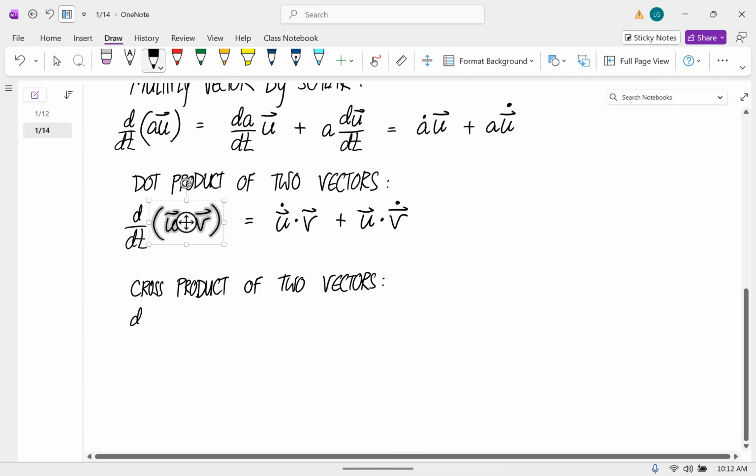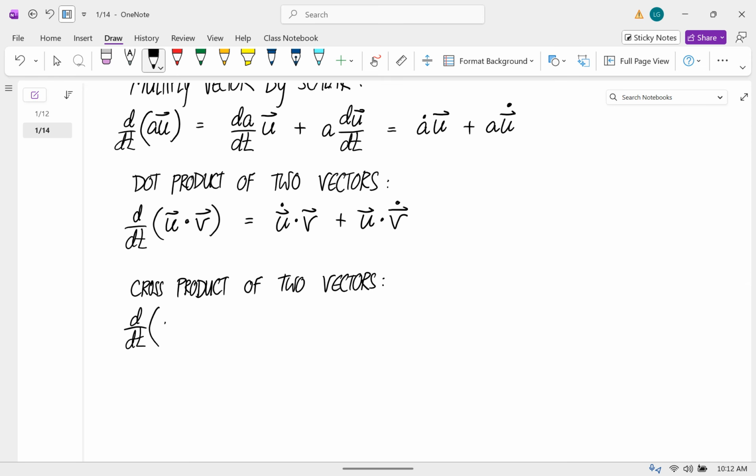So if we're taking the time derivative of u crossed with v, this is equal to u dot crossed with v plus u crossed with v dot.